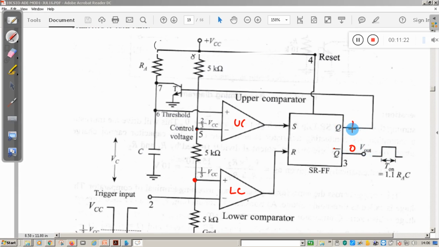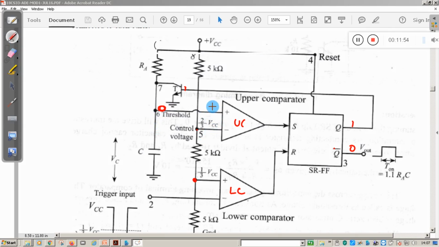When Q is 1, this signal is connected to the base of this transistor, and this makes the transistor conduct. There is a path established from here through the transistor to the ground. That means now the capacitor is not getting charged. So the voltage at this point is approximately 0.